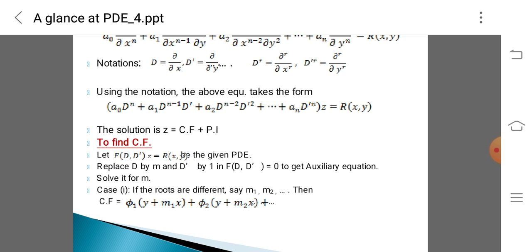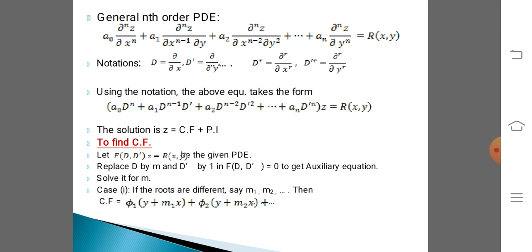If m1, m2, etc. are the roots of the auxiliary equation, then CF is φ1(y + m1x) + φ2(y + m2x) and so on.